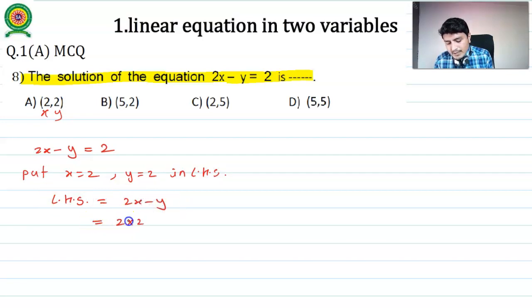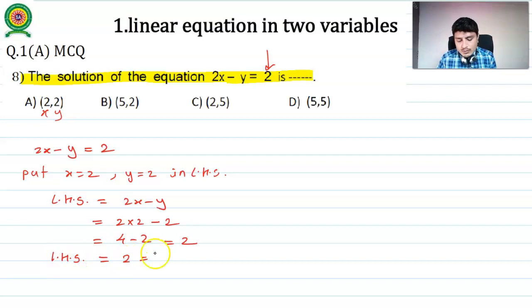Replacing x by 2 and y by 2, 2 twos are 4 minus 2, we get 2, which is exactly the RHS. After simplifying the LHS, we have 2, which equals exactly the RHS. That means 2 comma 2 is the solution of the given linear equation in two variables.